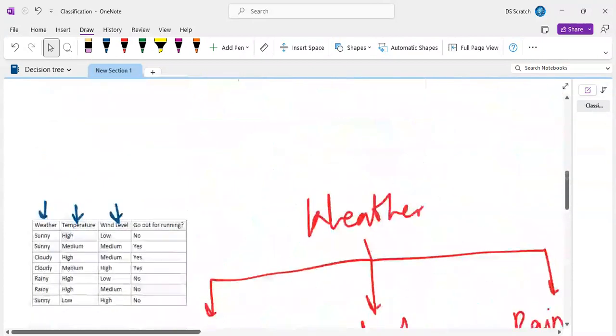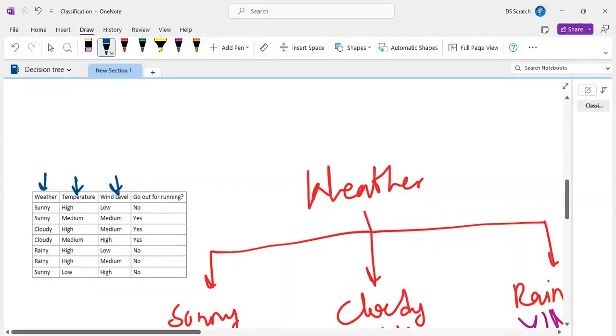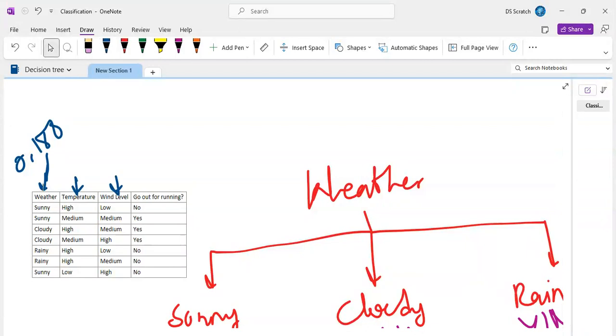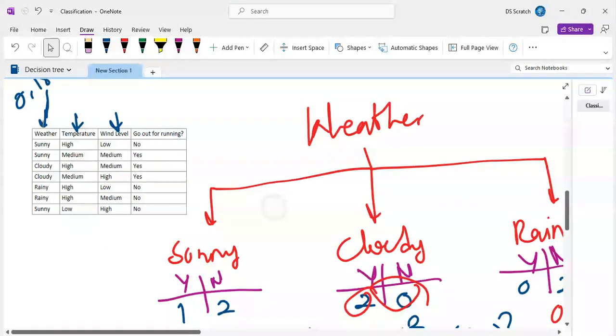Now we can note it down here, 0.188 for weather. Similar to this, we can calculate the Gini impurity for temperature as well as for the wind level. We will follow the similar procedure.